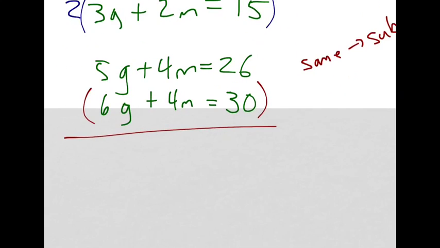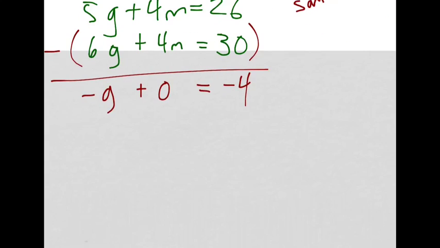So let's subtract. 5G minus 6G is negative G. 4M minus 4M is 0. That's a good sign because we've eliminated something. That's what we were supposed to do. Equals negative 4.